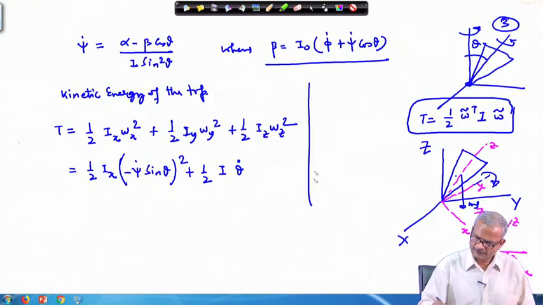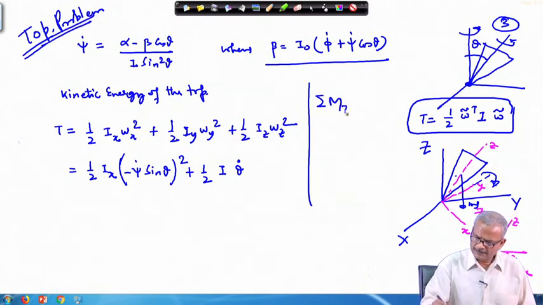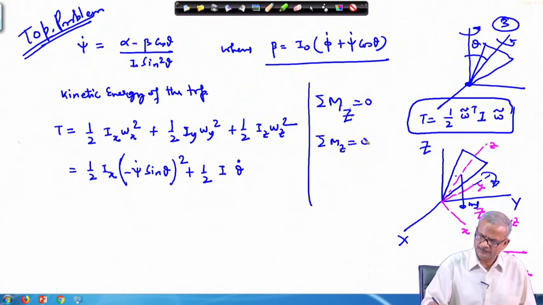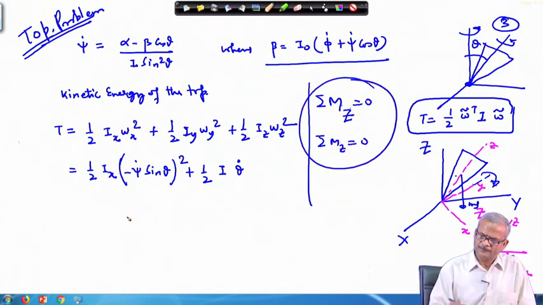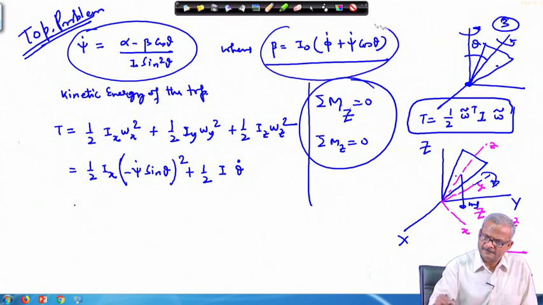So, this is the top problem we are discussing. E m capital Z is also 0 and E m small z is also 0. Under this condition we are going to derive this particular result.